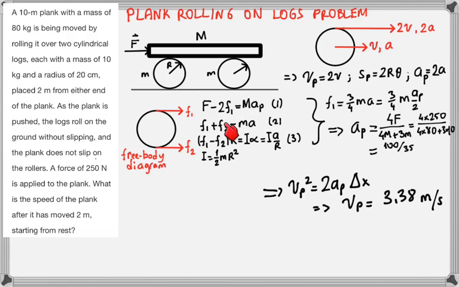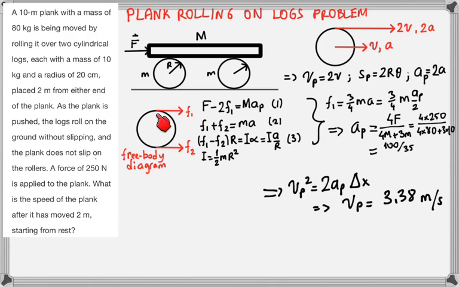The second equation is about one of the equations of motion of the cylinders. Let's think about one of them. If you look at the free body diagram, since the cylinders are moving and the plank is touching at the top, there must be a frictional force toward the right, because if you push the plank, then the cylinders will roll in the direction of the push.